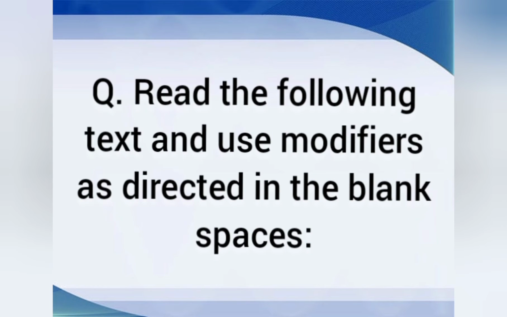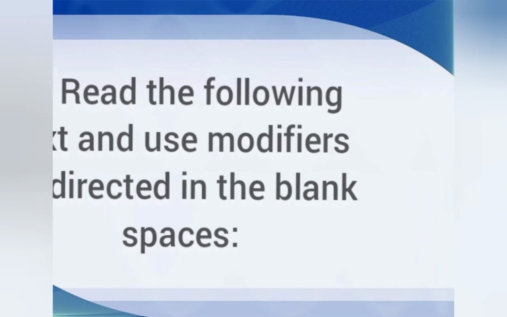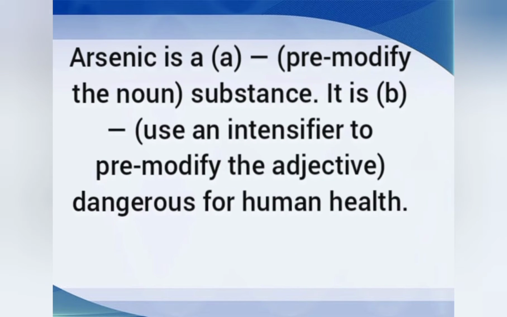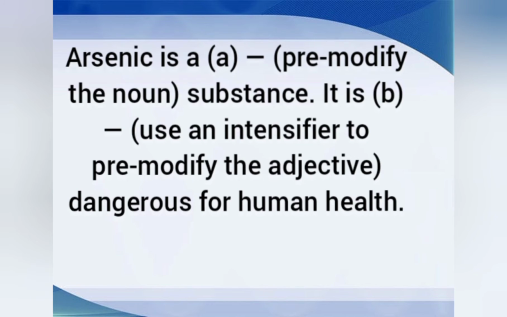Question. Read the following text and use modifiers as directed in the blank spaces. Arsenic is a dash substance. It is dangerous for human health. Here in number A, we have to use a word that pre-modifies the noun.